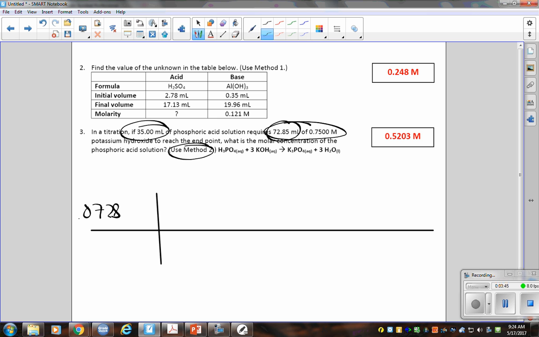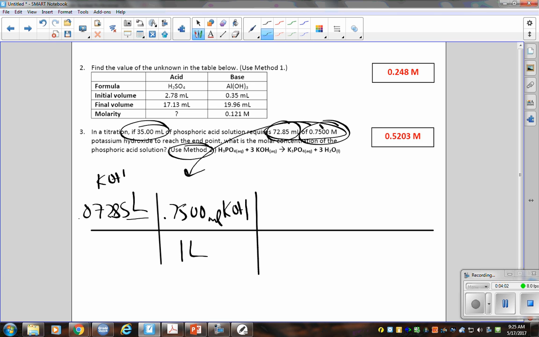0.07285 liters, and that is KOH. Then I'm going to use the molarity next because I have liters here, so I'm going to pop in the molarity: 0.7500 moles of KOH divided by 1 liter, because that's what molarity is. So I just pop these two right in the grid, changing that to liters. Now I have moles in the upper part of the grid. I just do stoichiometry.